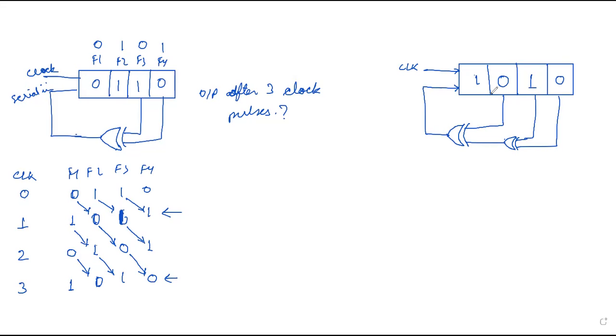That initially the content of this register is 1010, so after how many clock pulses will the same content be there?